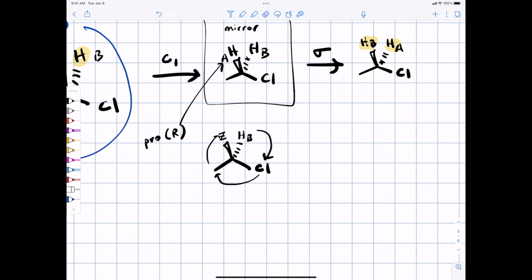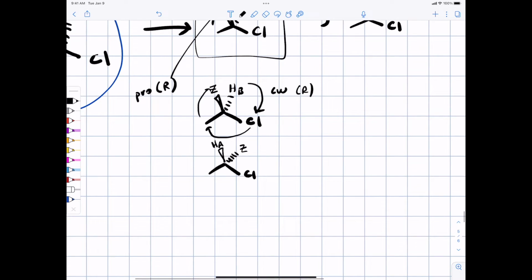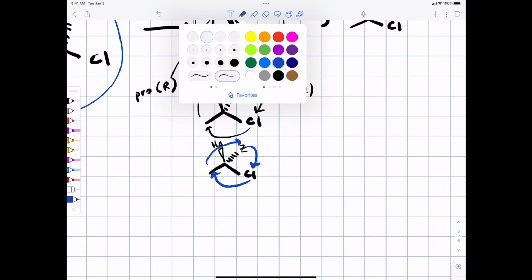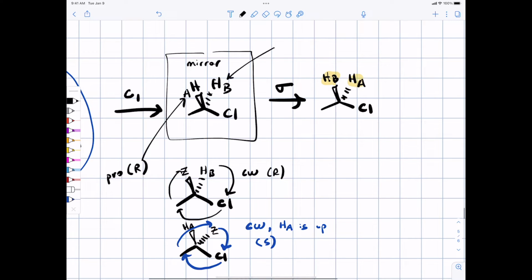And similarly, if we replaced HB with something that is higher priority than hydrogen, but only just barely, and we assigned stereochemistry in the usual way, from group 1 to 2 to 3, it looks like it's clockwise, except your lowest priority group is up instead of down, therefore we would say it's S, and similarly we will call HB a pro-S group.